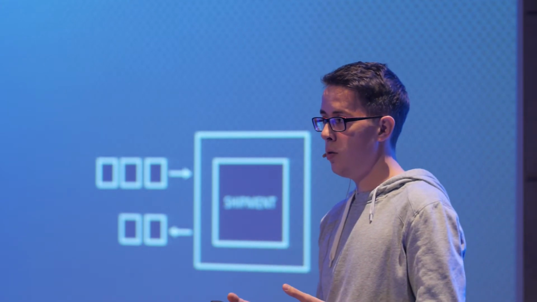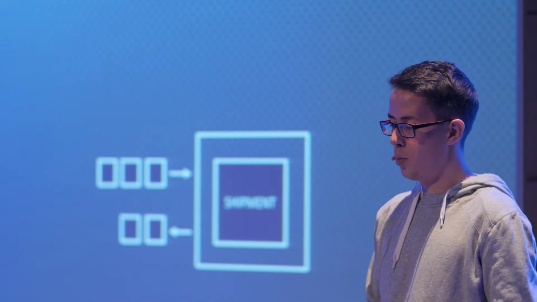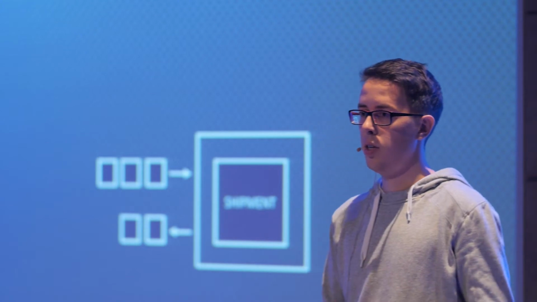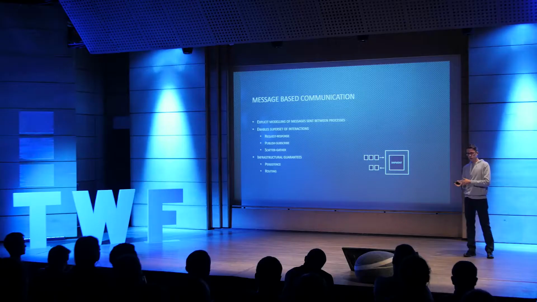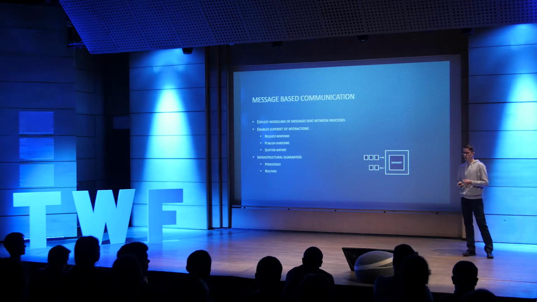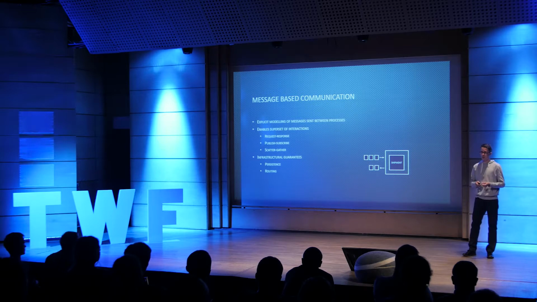Not necessarily now, but eventually. Another thing that could be useful is, for instance, routing. So message-based communication makes things harder, but at the same time gives you a lot more flexibility that you can use in your applications and in the systems that you're building.